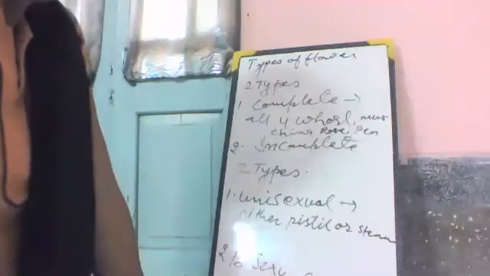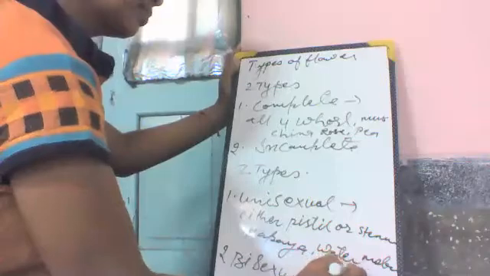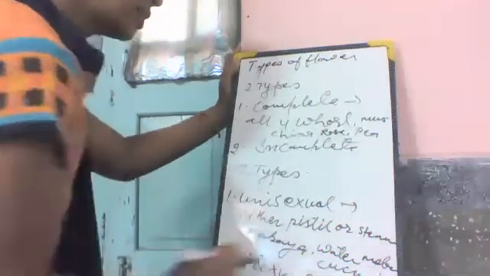The examples of unisexual flower are papaya, watermelon, cucumber, etc. These plants have unisexual flower.